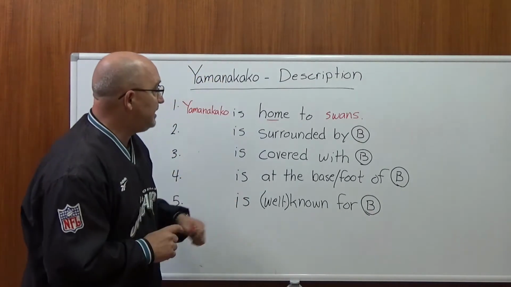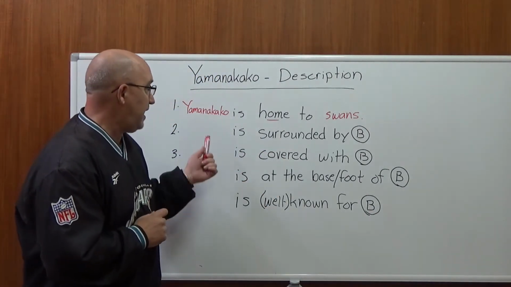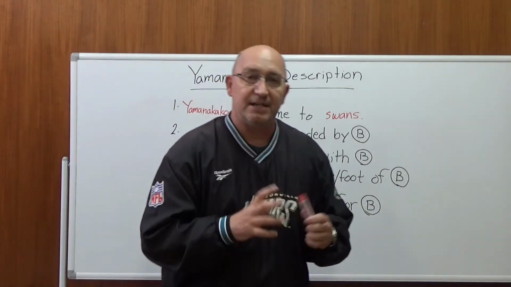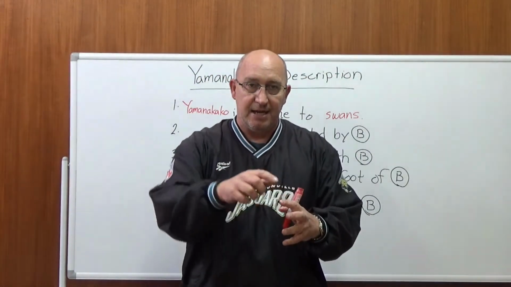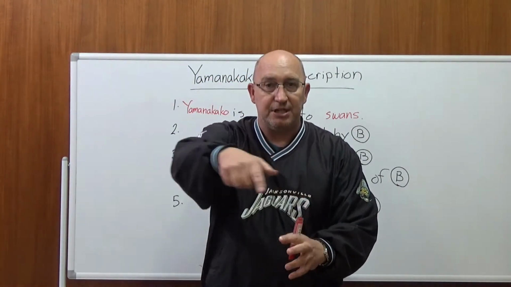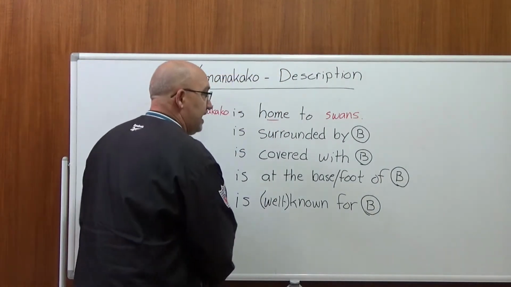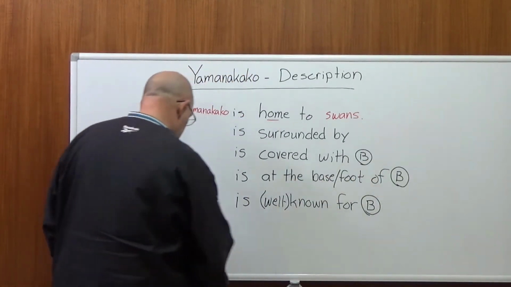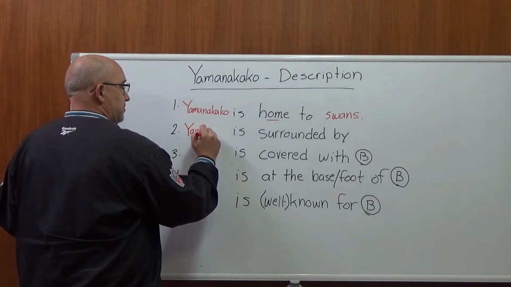Now, idea number 2, surrounded by. A is surrounded by B, which means, you understand, A and all around is B. So, again, let's talk about Yamanakako.